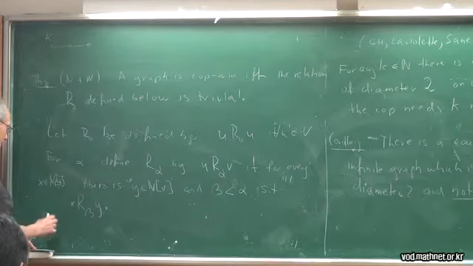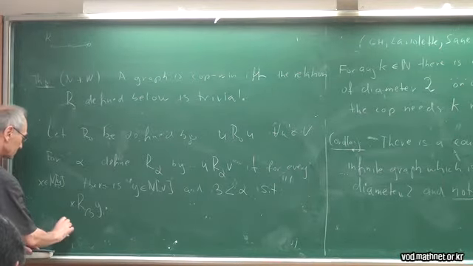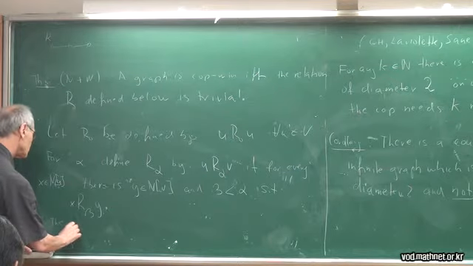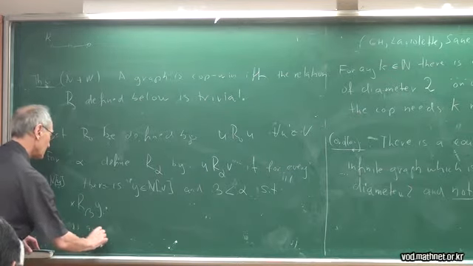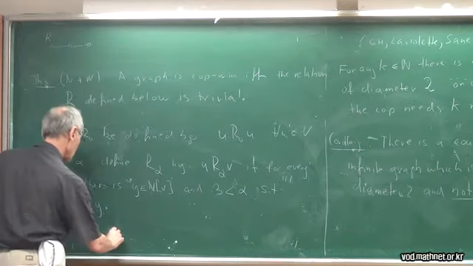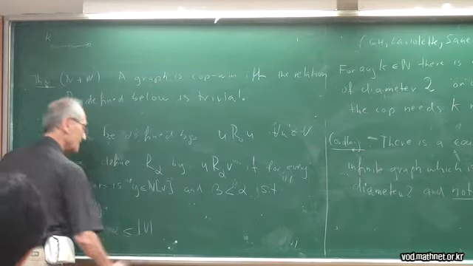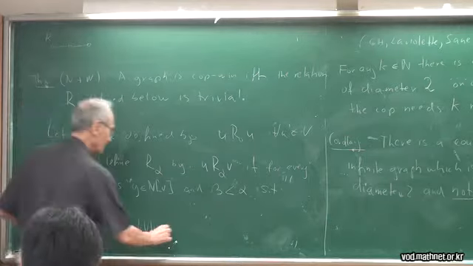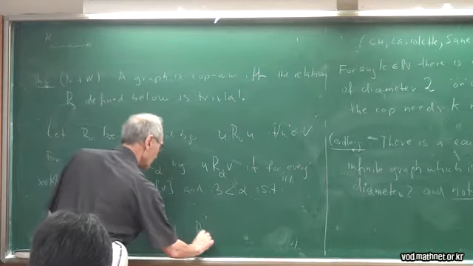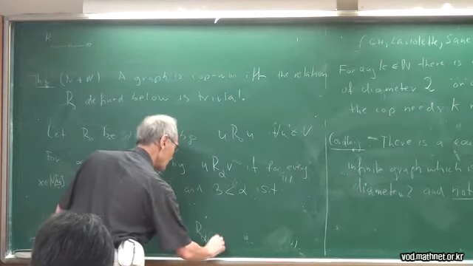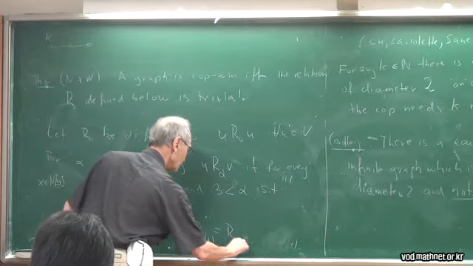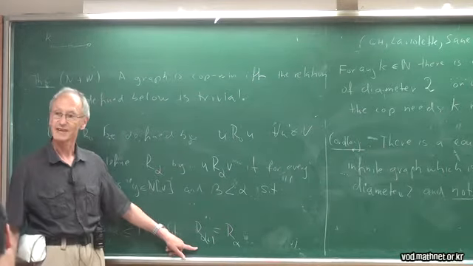Now what happens is there is an alpha less than or equal to the cardinality of the graph, such that R alpha plus 1 is equal to R alpha. Now I'm looking at them as sets of pairs.